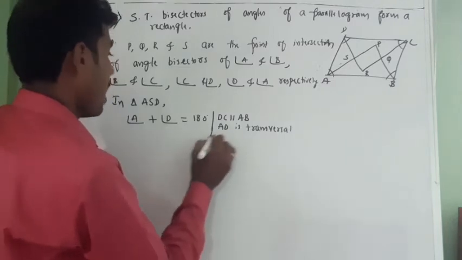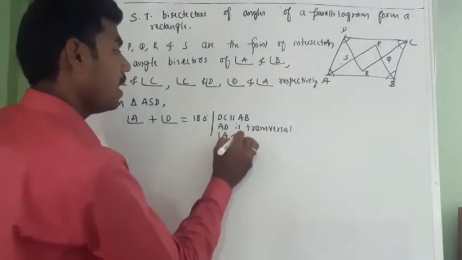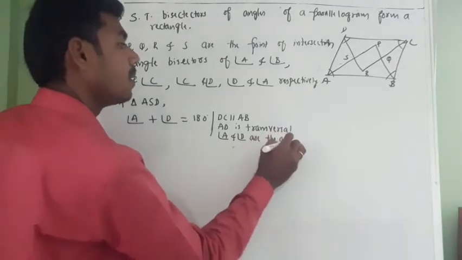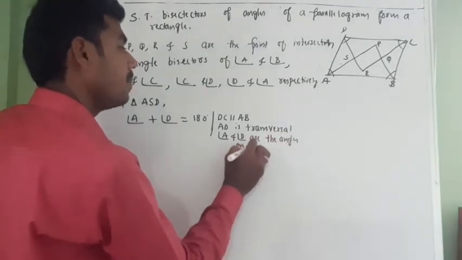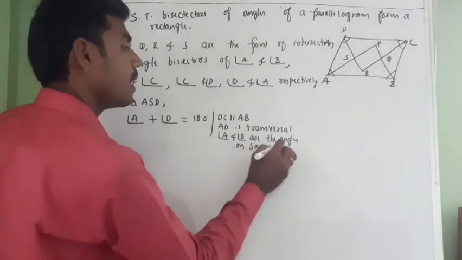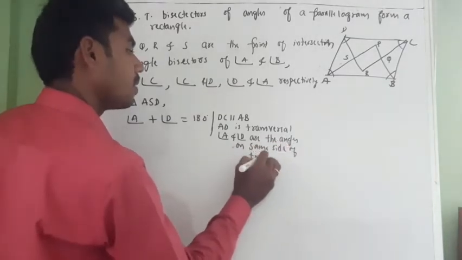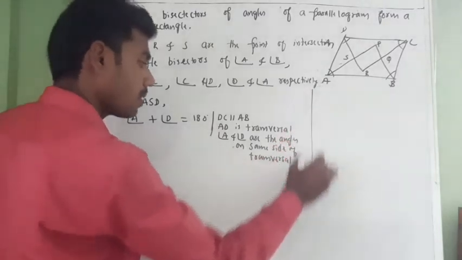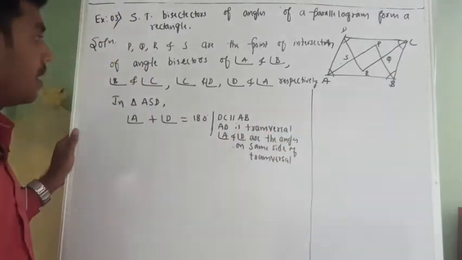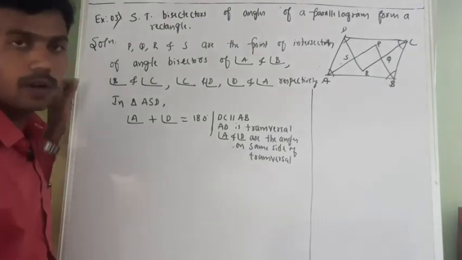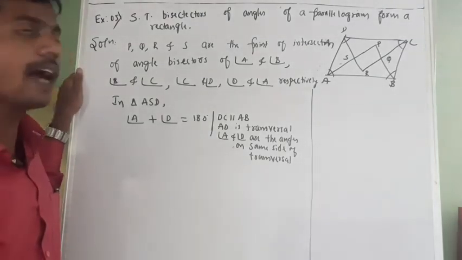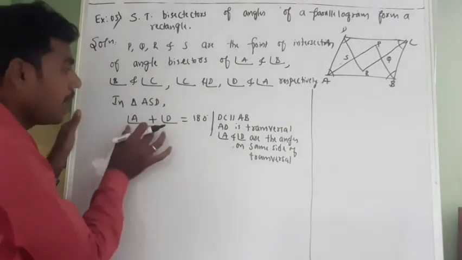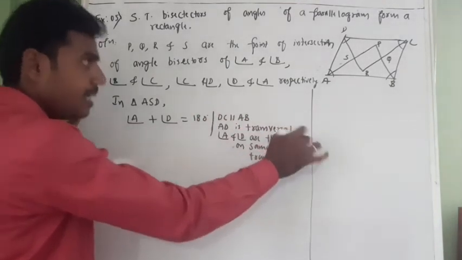So angle A and angle D are the angles on the same side of the transversal. If the lines are parallel, then the sum of the angles on the same side of a transversal will be 180 degrees, or they are supplementary. That is the reason I have written angle A plus angle D. I have given the reason.